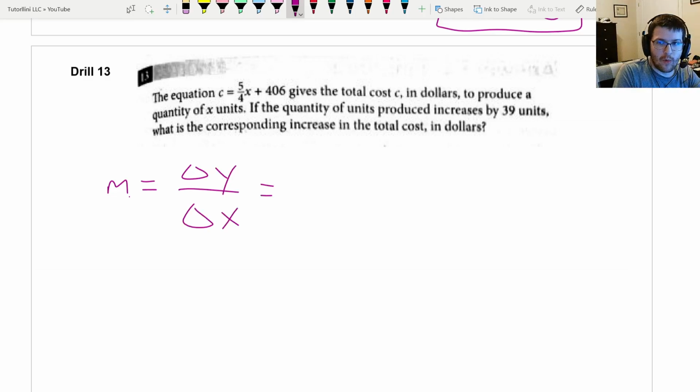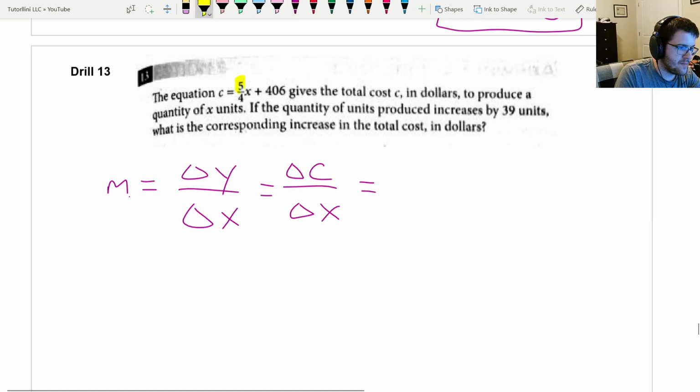In this problem, y is C, because that's where y is, right? And then x is just x. And they tell us the slope by looking at this equation, mx plus b, is 5/4. So I'm going to write 5/4.